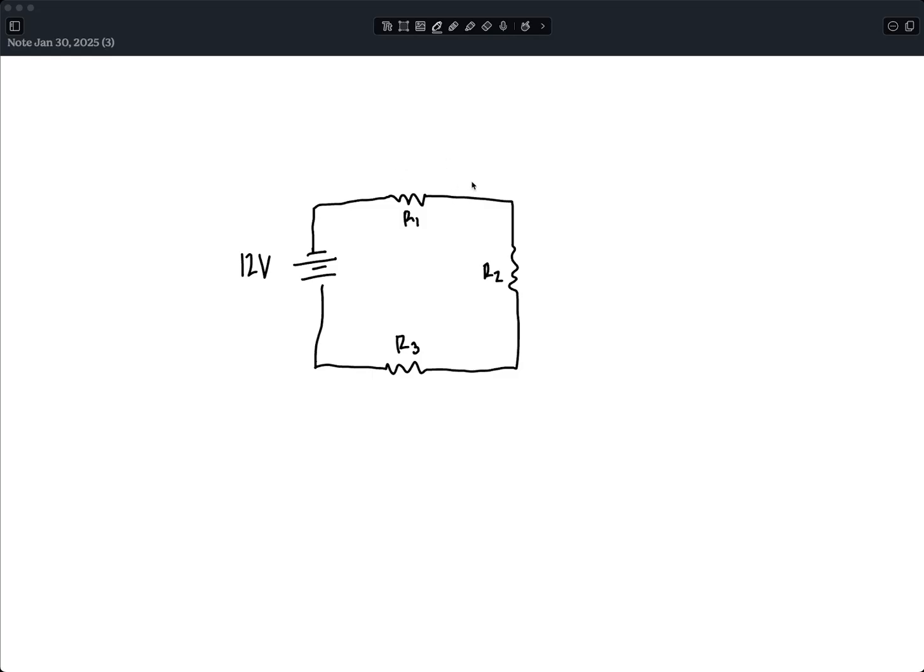We're going to identify them. Every component has a resistance, a voltage, and a current. So we're going to do that. I haven't given you any other numbers yet. We're just putting these in here.